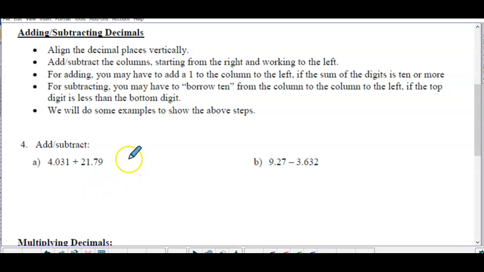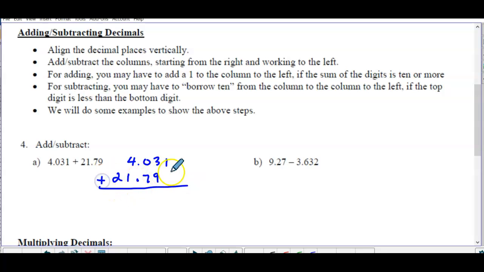So let's look at the first example. You've been doing this for a long time. So write out the first number. Then notice this is 21.79. Decimals have to line up. So there's a tens digit, ones digit, 7, 9.